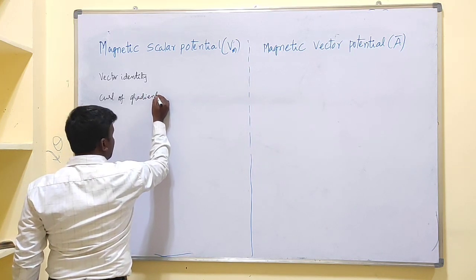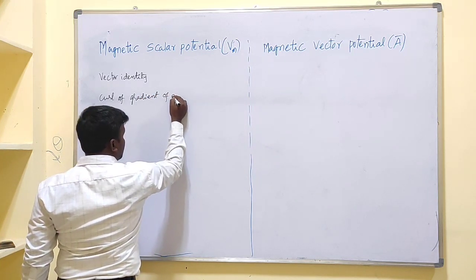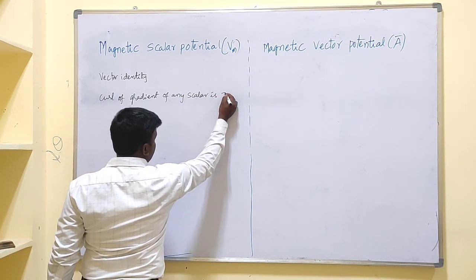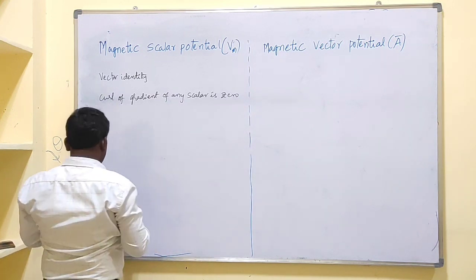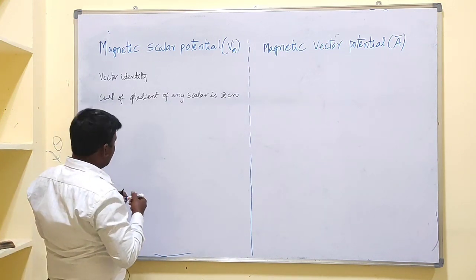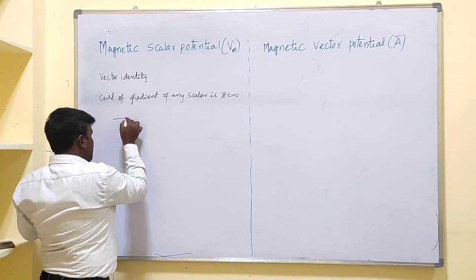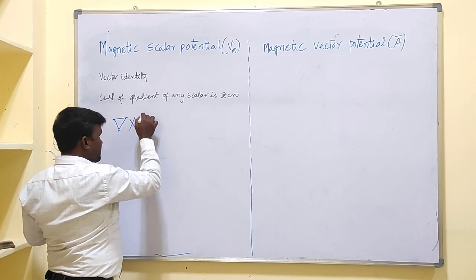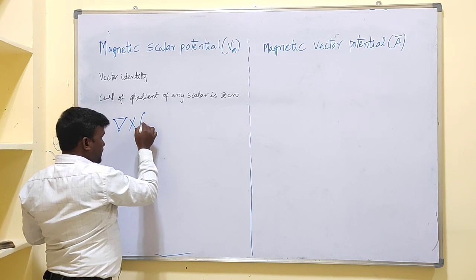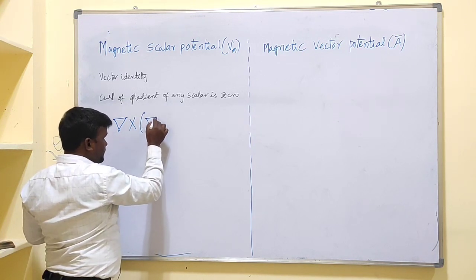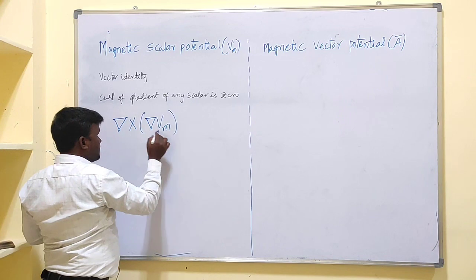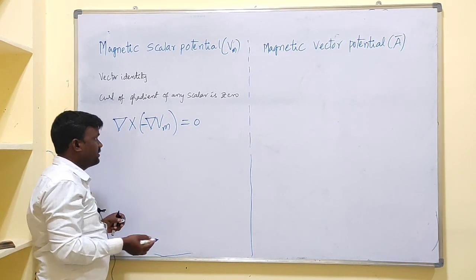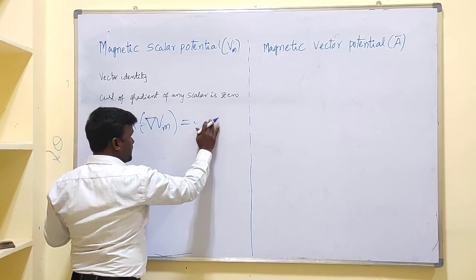Let us apply it like this: del cross gradient of any scalar, that is del cross del Vm. Here I consider a negative sign, del cross del Vm equal to 0. Curl of gradient of any scalar is 0.